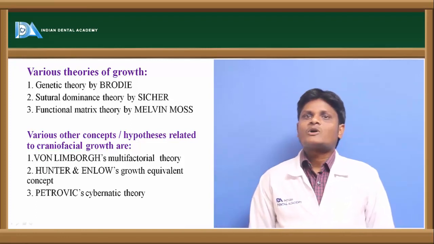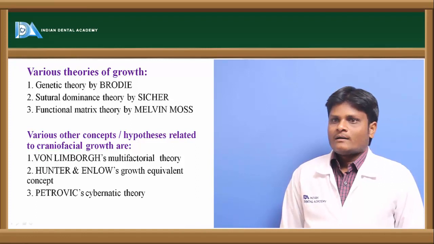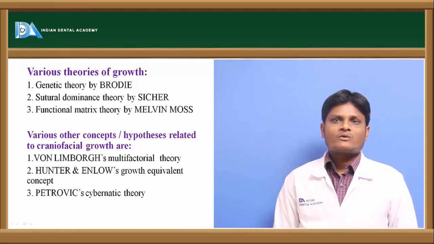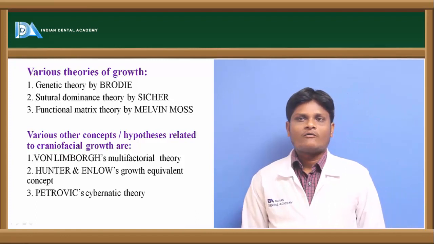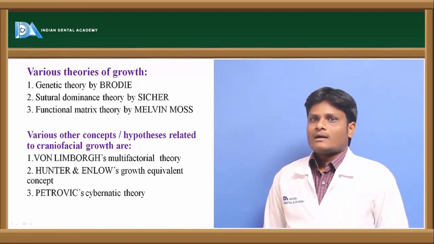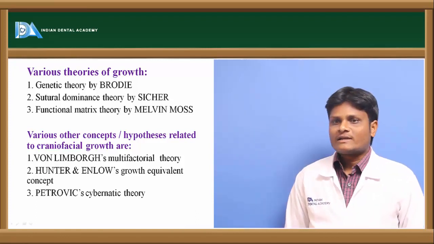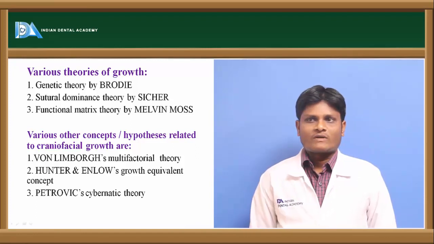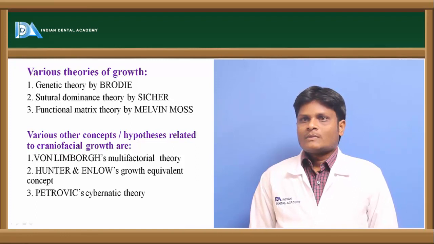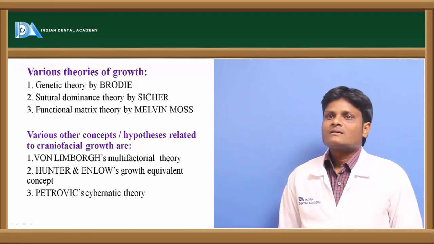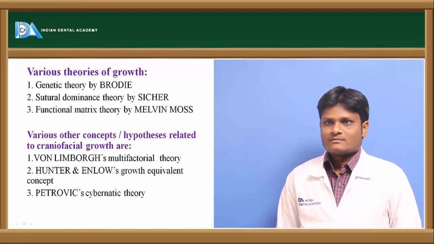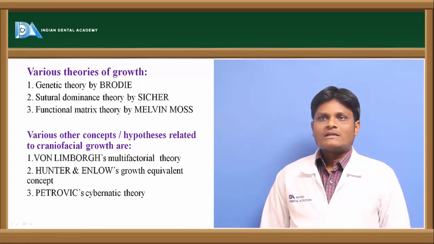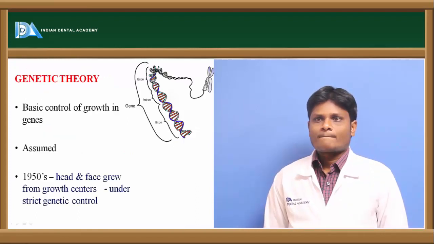Apart from these, we also have a multifactorial theory proposed by Van Limborgh, Hunter and Enlow's growth equivalent concept, and cybernetics proposed by Petrovic. We also have one more theory, the cartilaginous theory. Let us look into the pros and cons of these theories one by one.